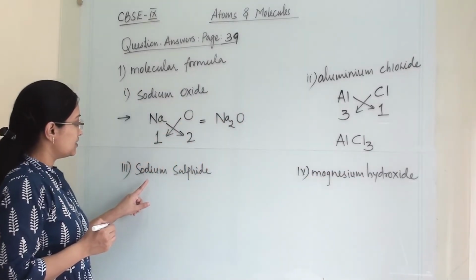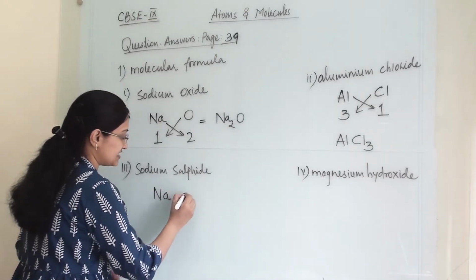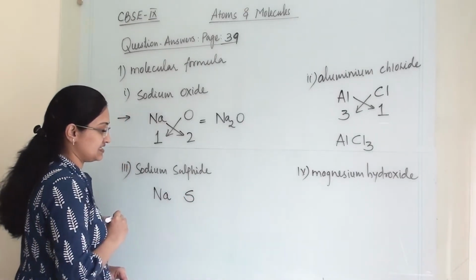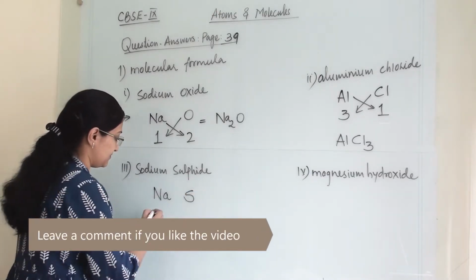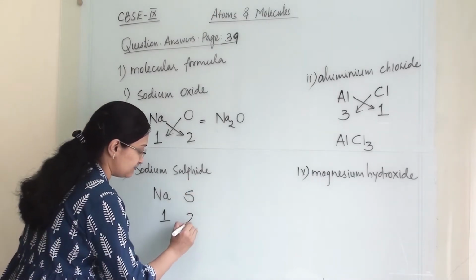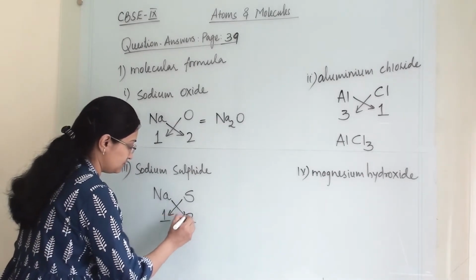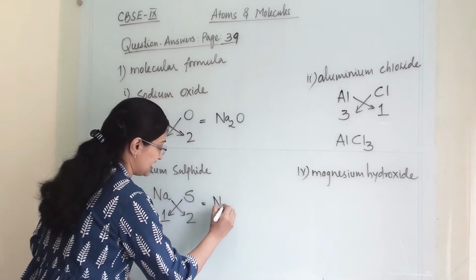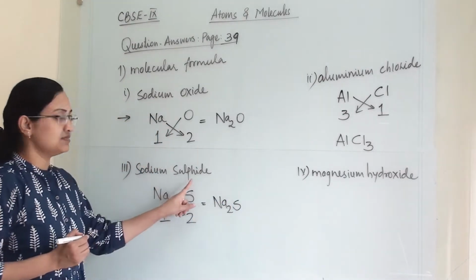Then third, sodium sulfide. Sodium is Na and sulfide is S. Sulfide, IDE, so it is S. Now Na is 1 and sulfur's valency is 2. So via the crisscross method we will get Na2S. So it is sodium sulfide.